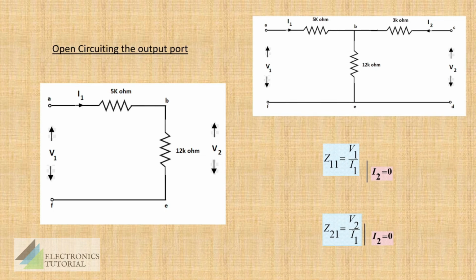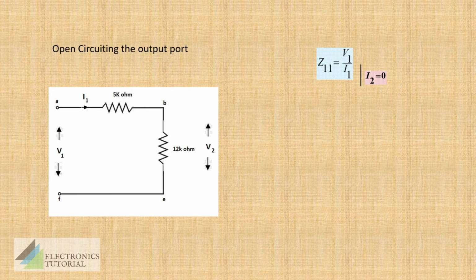Let's consider the first case. Z11 is equal to V1 by I1. We are repeating the same steps as before. We are trying to change the V1 term. Considering this as a closed loop, we can apply KVL. V1 acts as a supply voltage and voltage drop occurs across the two resistors.